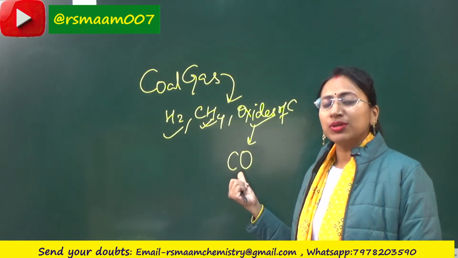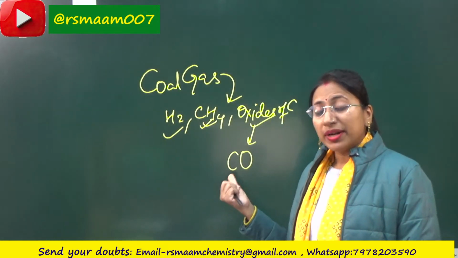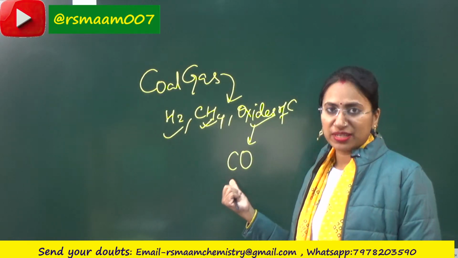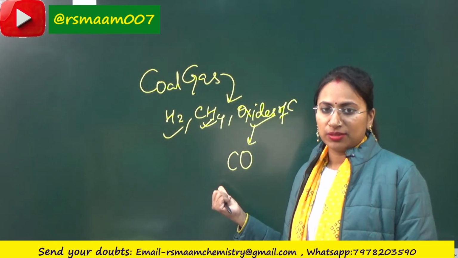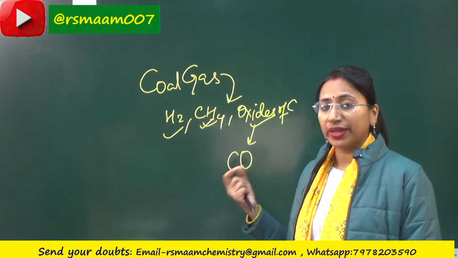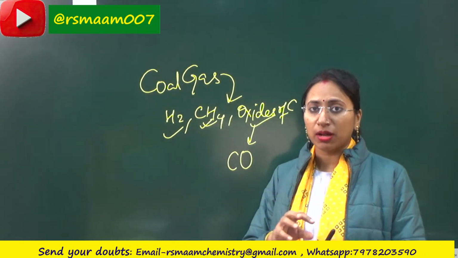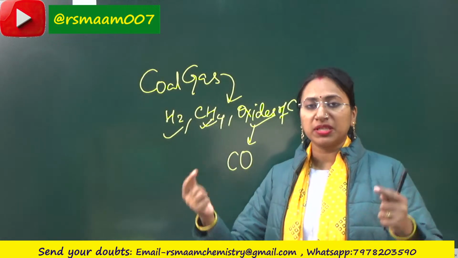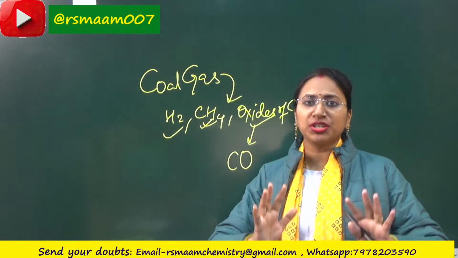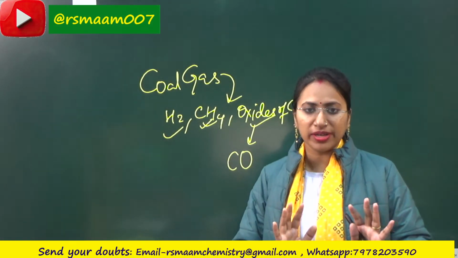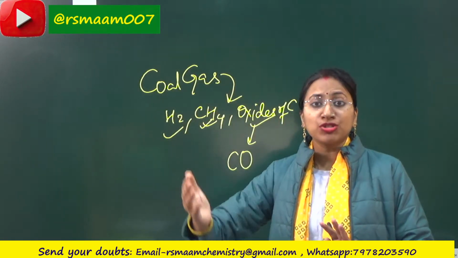This gas CO is neutral in nature, but at the same time it is fatal for our health. So whenever we are burning anything which has carbon in it, we should keep this in mind. It should get a sufficient supply of air so that it is converted into CO2.